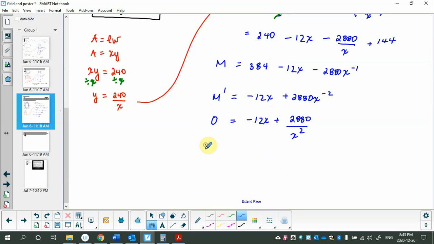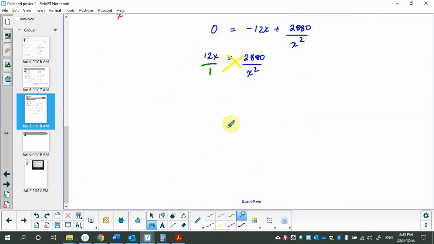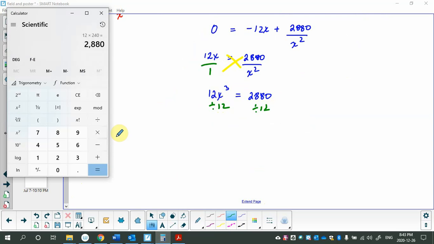I'm going to take the negative 12x across the equal sign, make it positive, and make it look like a fraction so that I can cross multiply. So I'm going to cross with the x's first. 12x cubed equals 2880. Divide by 12, divide by 12. That should be 240.